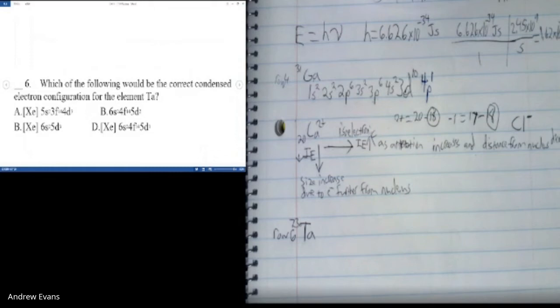That's our row 5 noble gas. So that means B prime, or essentially that should be C, is wrong. It doesn't have xenon. Then to start off, you should start off with your 6s2. Don't forget your 6s2.